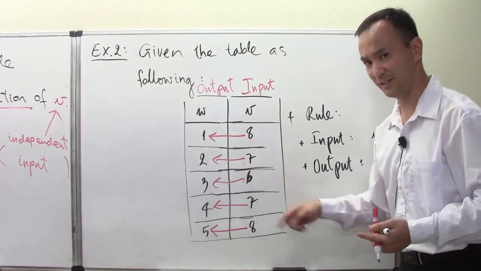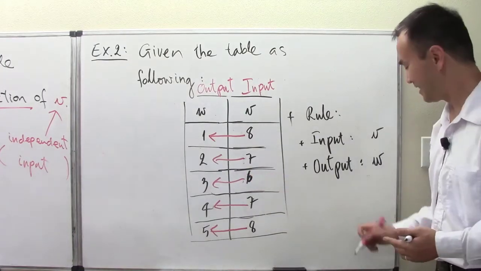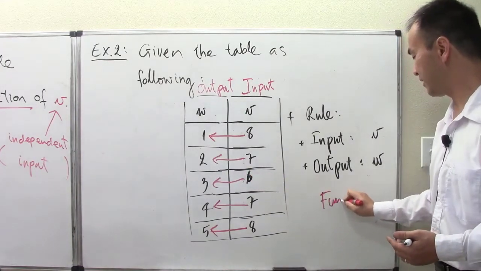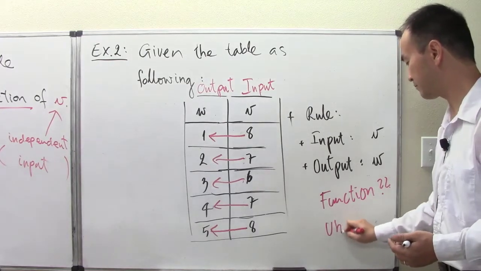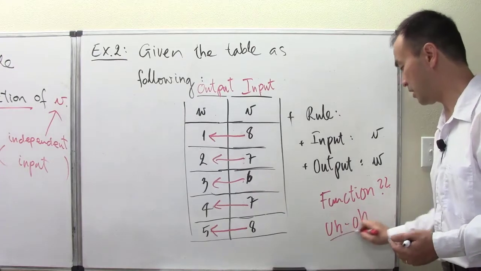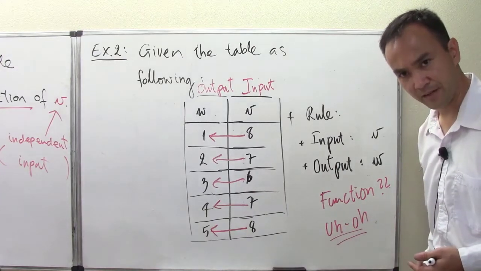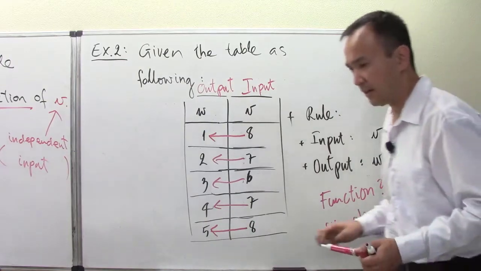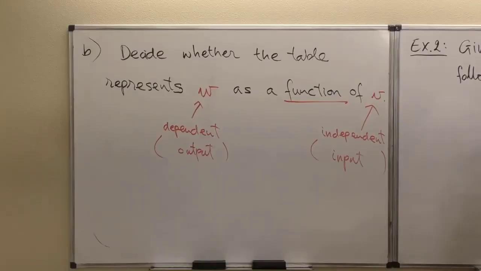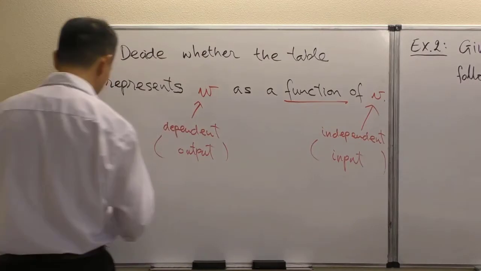That's not good. And so once again, can this rule be a function? Uh-oh, something didn't look right here. All right, so now let's come to our final conclusion.